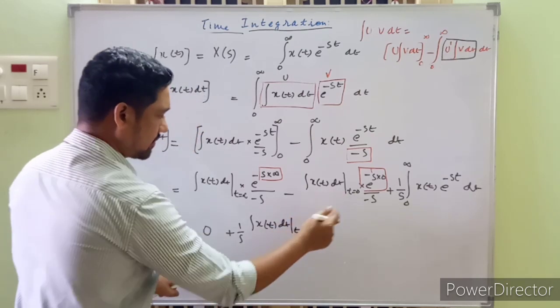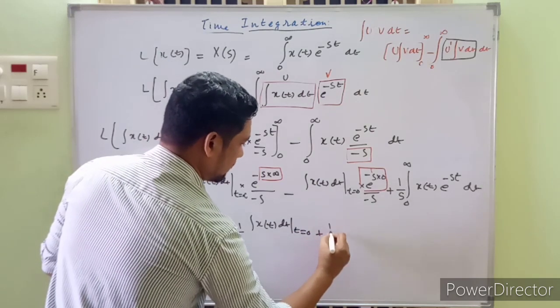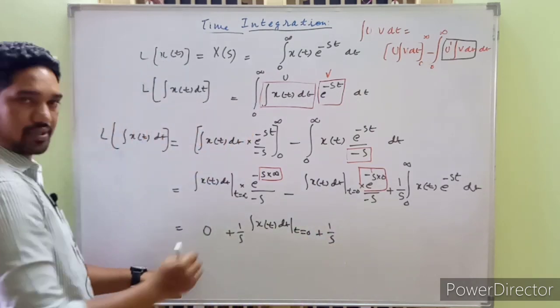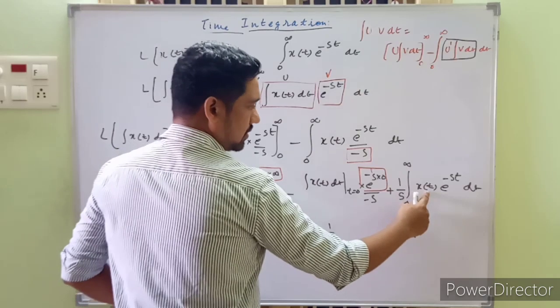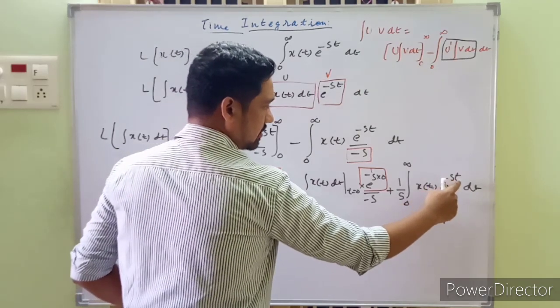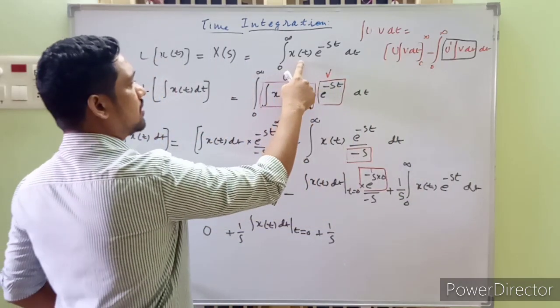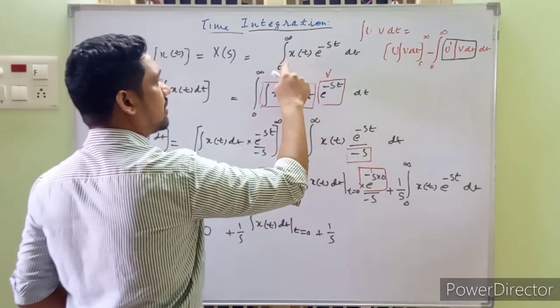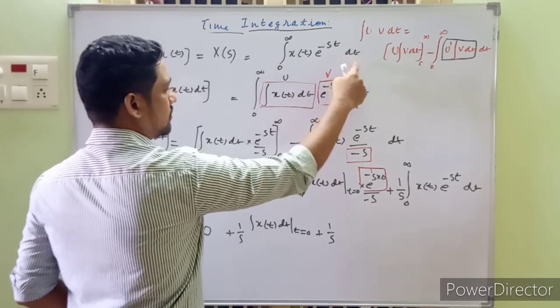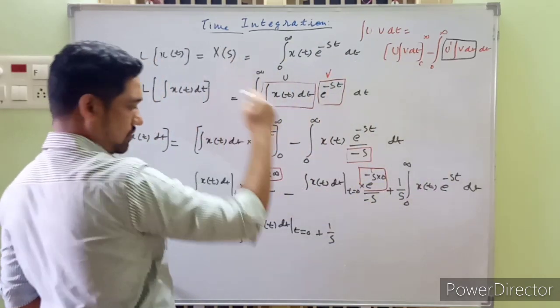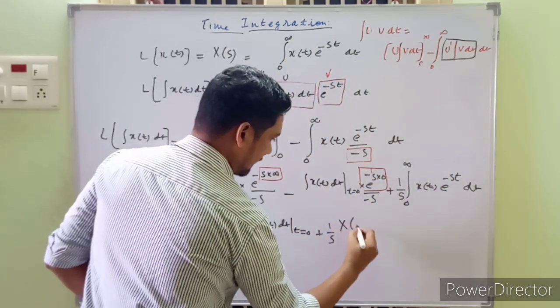This is what we are left with, and moving ahead, plus 1 by s. Here you need to focus: x of t is multiplied with e raised to minus st and integrated from 0 to infinity with respect to t. So this term will be x of s.